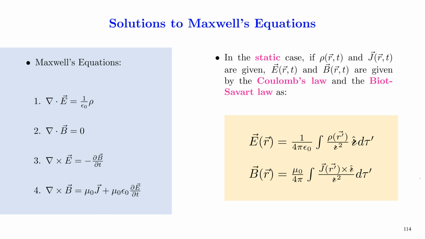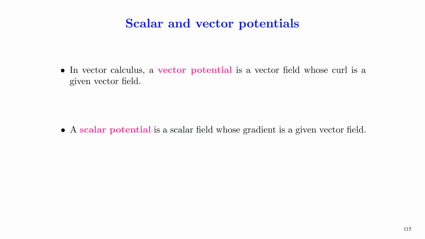Another technique to find the fields E and B is to make use of scalar and vector potentials. In vector calculus, a vector potential is a vector field whose curl will give us the given vector field. Similarly, a scalar potential is a scalar field whose gradient will give us the given vector field.